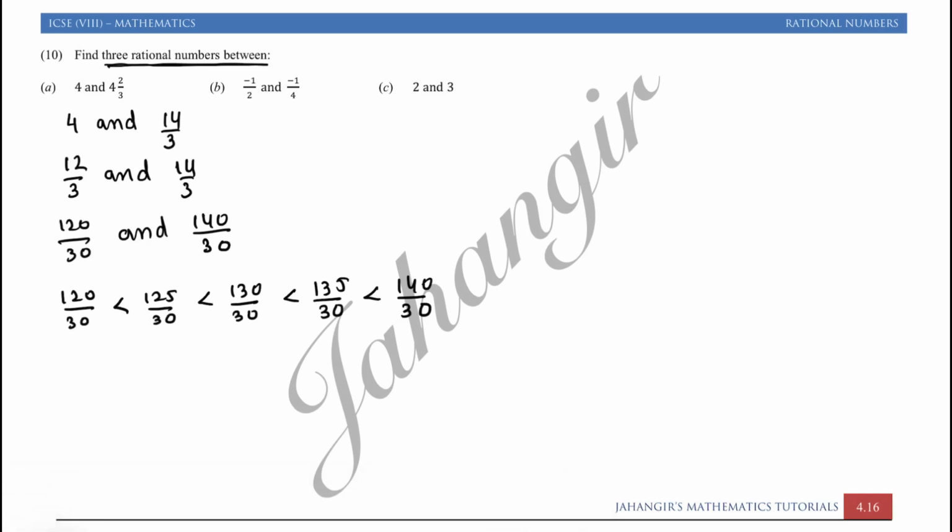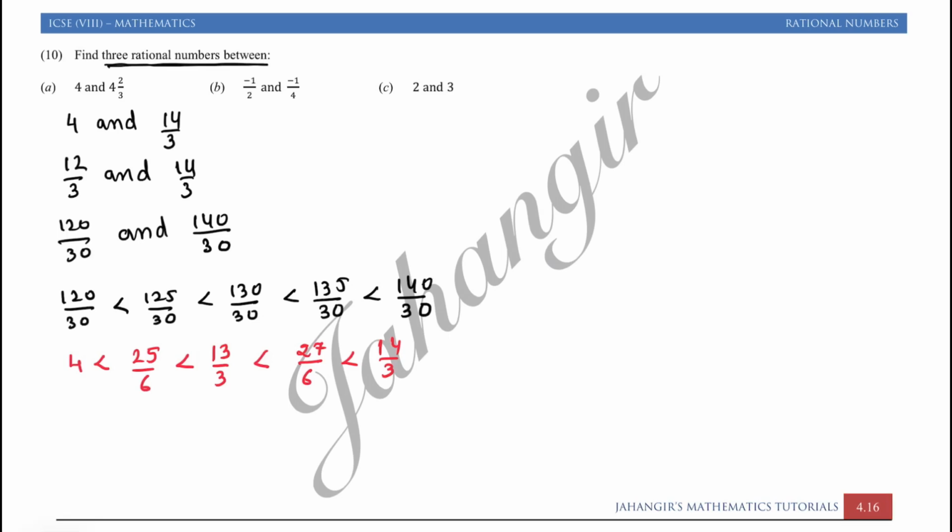So first, 120 by 30 is 4. Less than, इसको we can convert, cancel out those: 6 5s are 30, 25 by 6. 0 0 cancel, 13 by 3 less than, again 5 6s are 30, 5 7s are 35, 0 0 cancel, 14 by 3.